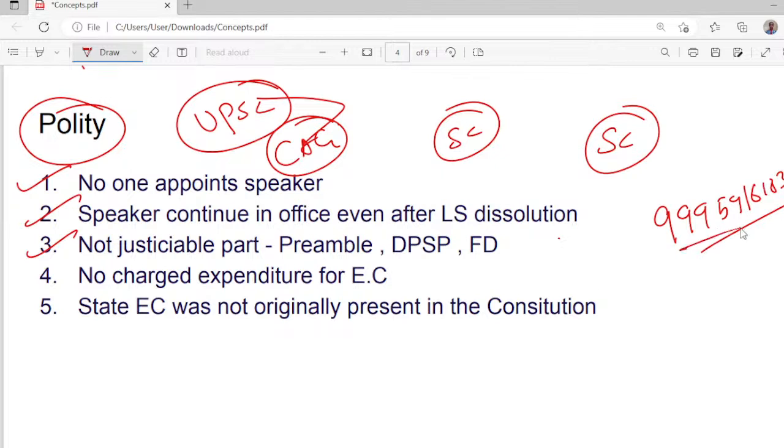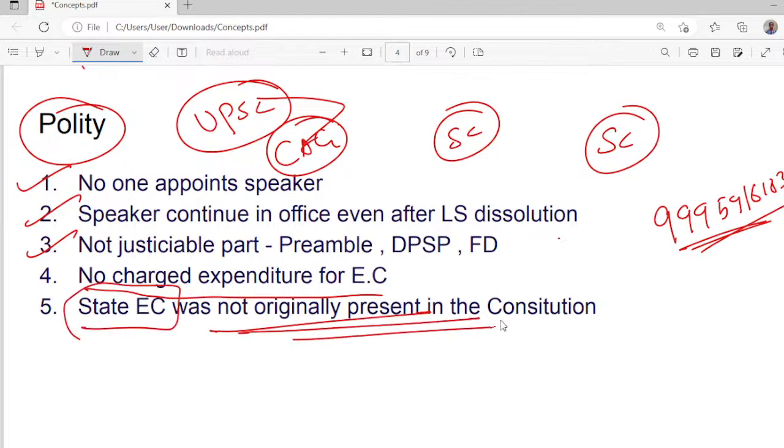Understood? So make this very clear: no charged expenditure for the Election Commission. The State Election Commission was not originally present in the Constitution. In the original Constitution, we had only one Election Commission, that is the Election Commission of India.